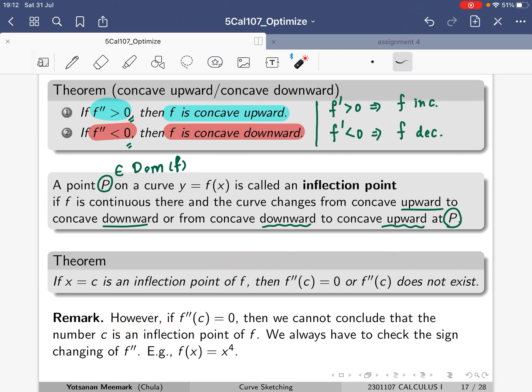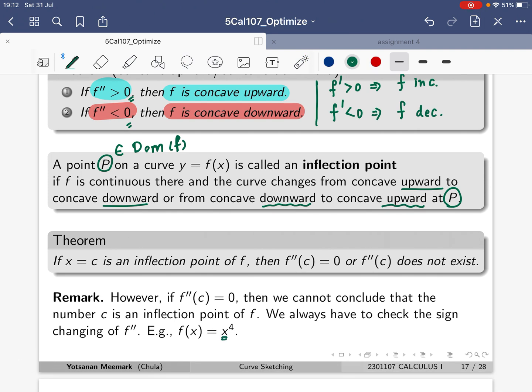So we have a remark saying that if your f double prime at that point equals 0, then we may not be able to conclude that the point c is an inflection point of the function f. We need to check whether the sign of the concavity changes or not. For example, if you look at x to the fourth, your f prime is 4x cubed, and your f double prime is 12x squared.